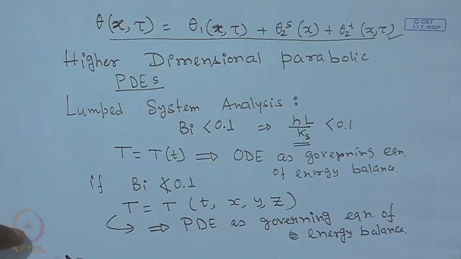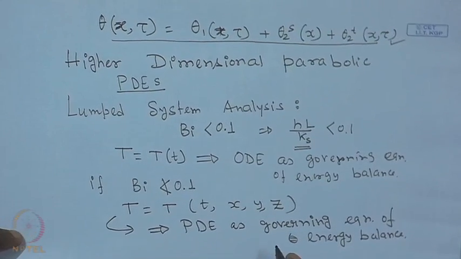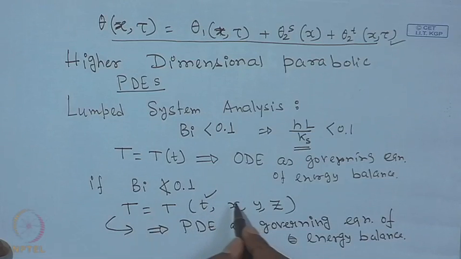Okay, so let us look into that. In the earlier examples, we have considered temperature as a function of time and space alone. So, we landed up with two independent variables, and therefore, a partial differential equation involving two dimensions, one in time, another in space x.